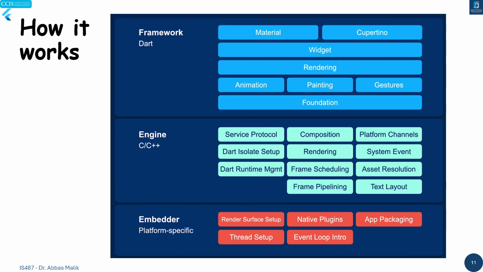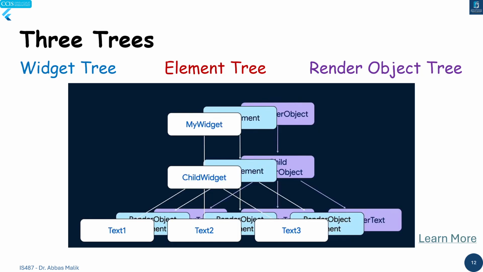The embedder is the place, or the tool, which helps us to generate the executable form of our application, based on whether we are targeting Windows, Android, iOS, Linux, or the web. Okay, so this is the framework, how it works.